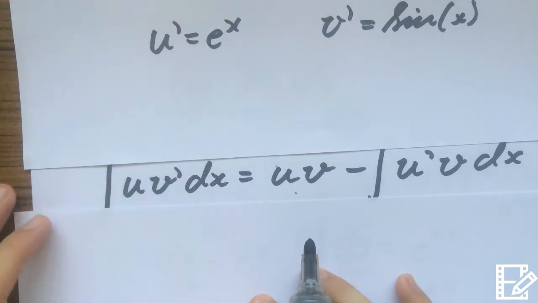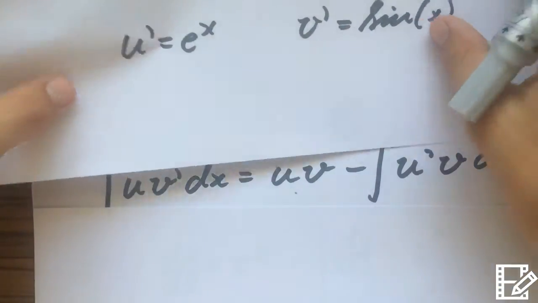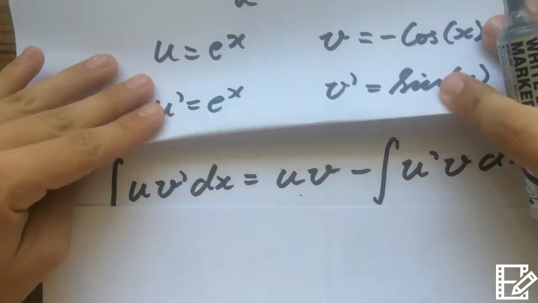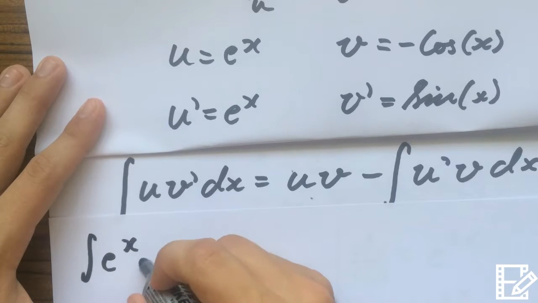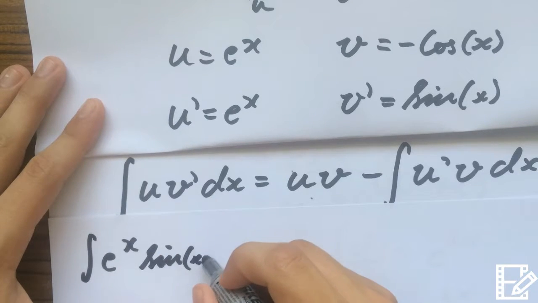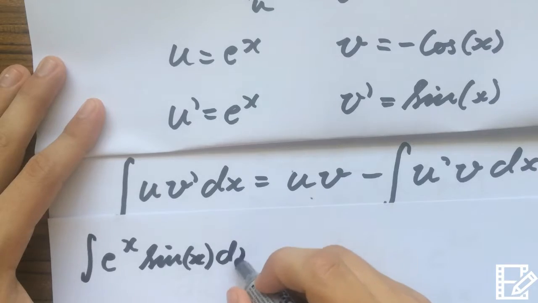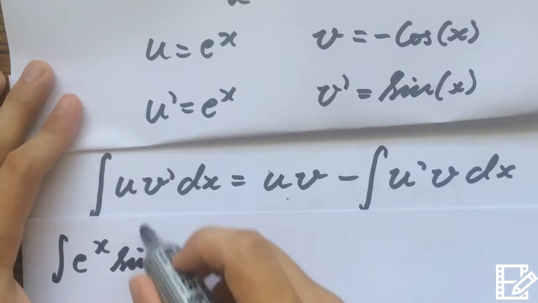Okay. So what do we start with? We started with the integral of e to the x multiplied by sine x dx. Okay, so we're assuming this is u and this is v dash.